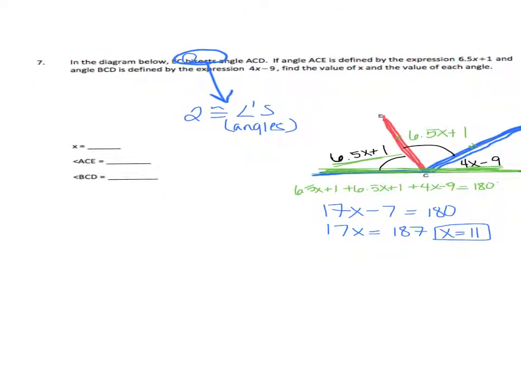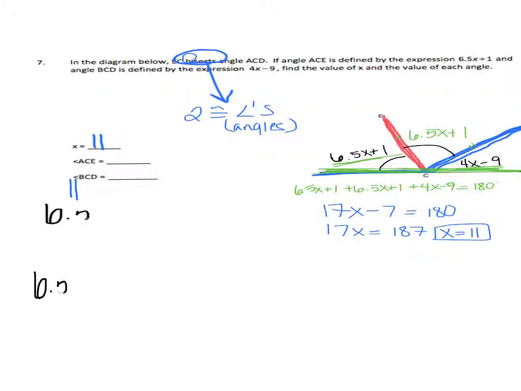Okay, so I solved one part. Now ACE, I need to find the measure of. So I know that ACE is 6.5x plus 1. So I'm just going to take that and substitute back in what I found for x.